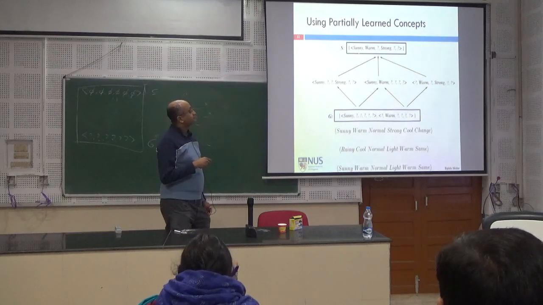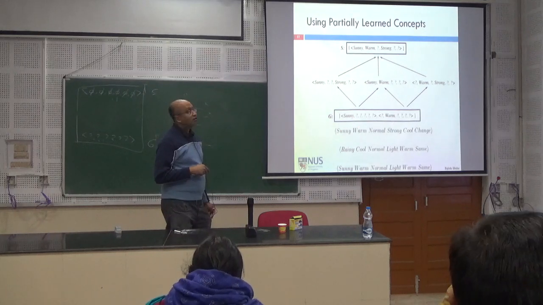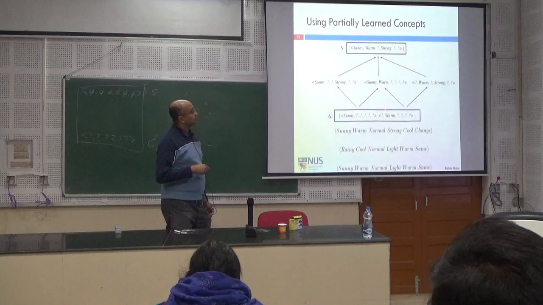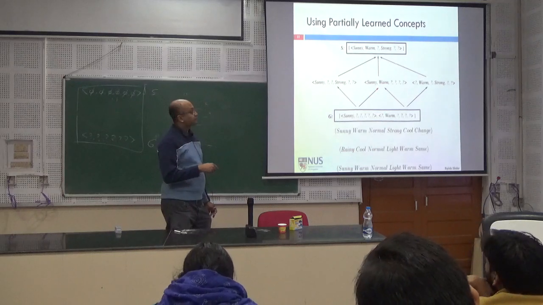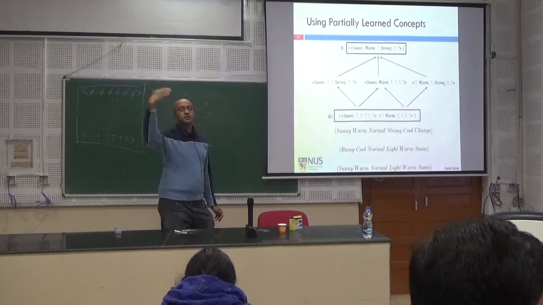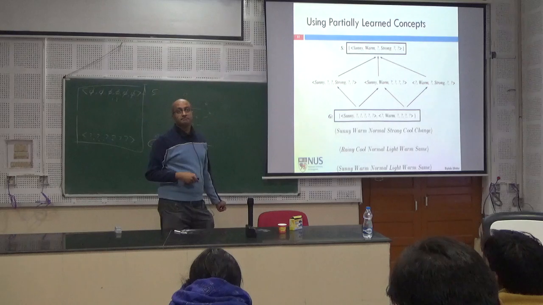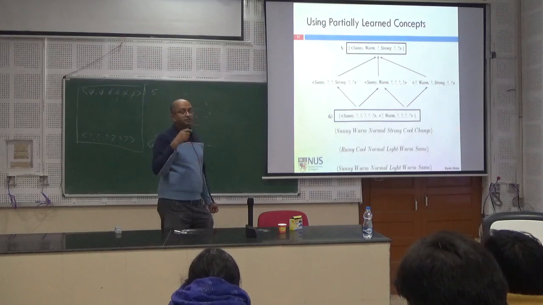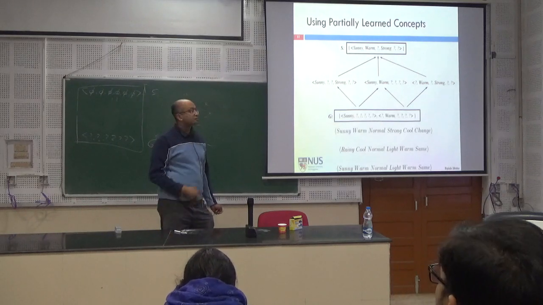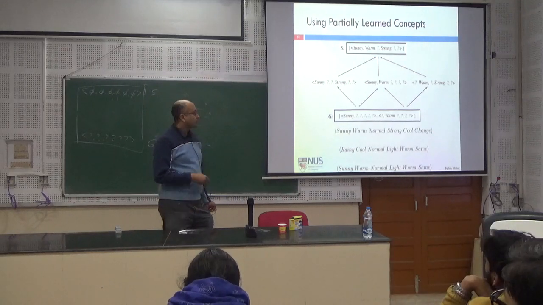What about sunny, warm, strong? It's satisfied by this boundary and this boundary, so I know that it lies somewhere here. Both my specific ones say yes, both my general ones are saying yes. So I classify this as positive. I'm fairly confident that this is a positive one.